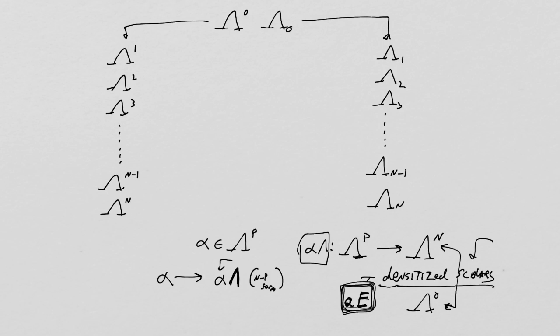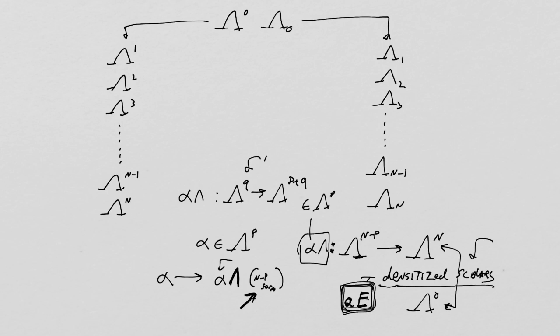oops, I wrote it as P, but that's wrong, right? It's a map from n minus P to n, right? Because it consumes n minus P forms, right? Alpha is an element of lambda P, but alpha wedge is going to be a mapping from n minus P forms to n forms. Now, literally, alpha wedge is a map from Q forms to P plus Q forms, right?